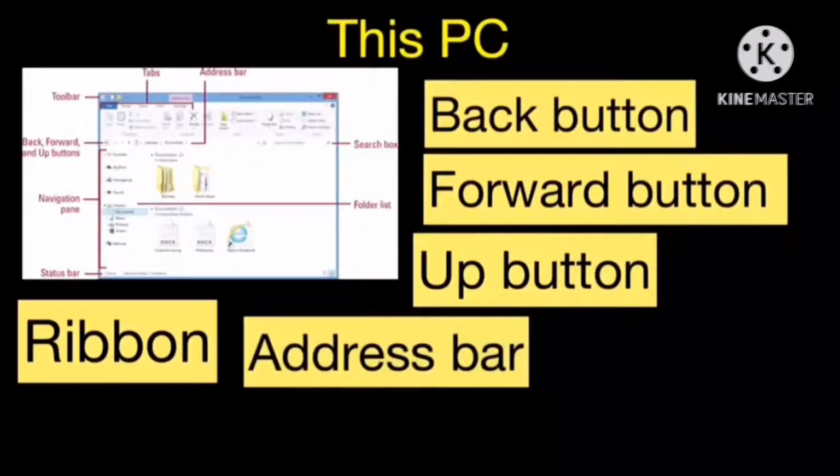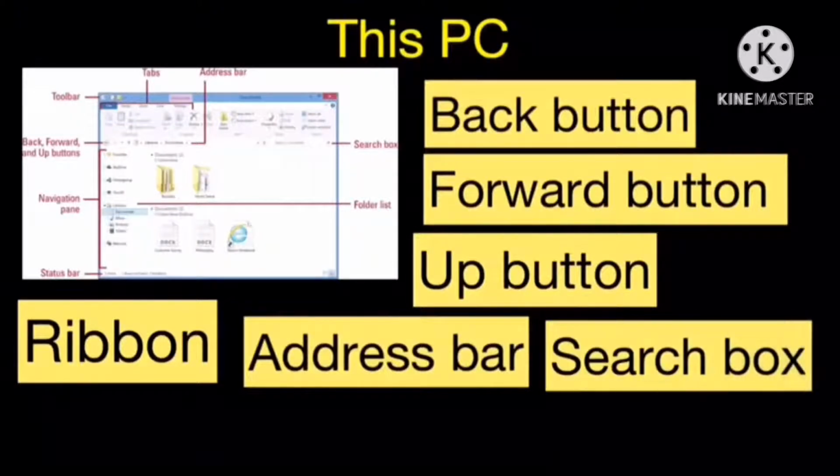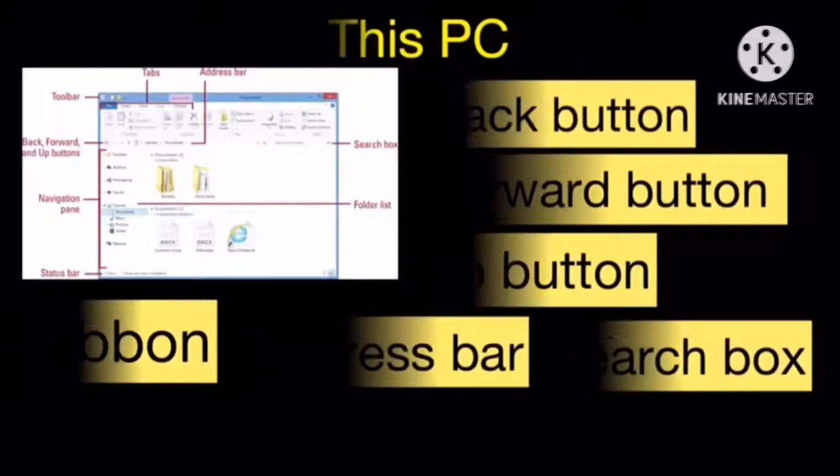As in Word, you have many view tabs and also tools in the ribbon. Address bar means if you want to find the path of any file or folder, it will be in the address bar. If you want to search any file or folder, you can use the search box. So this is the back button, forward button, up button, ribbon, address bar and search box.